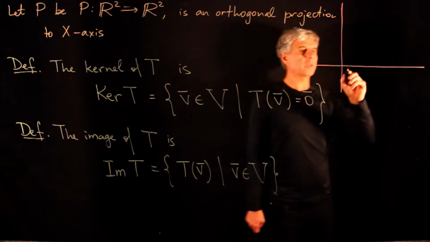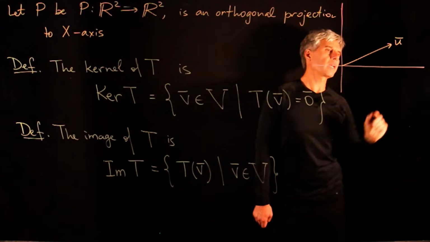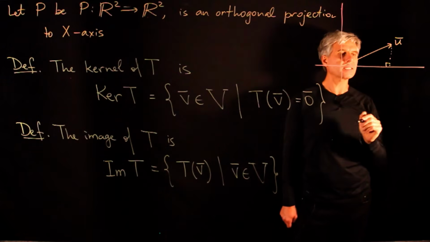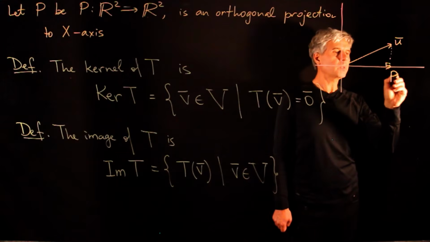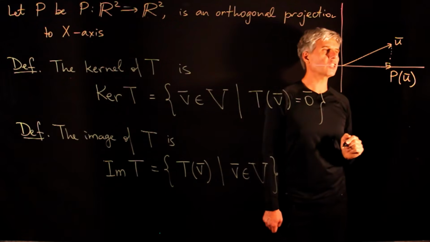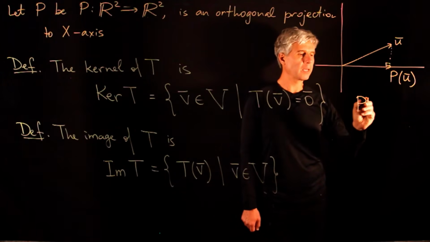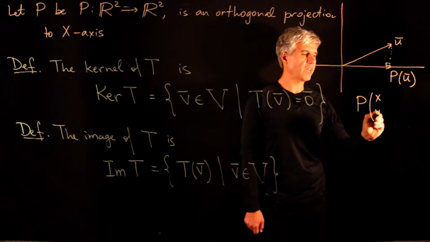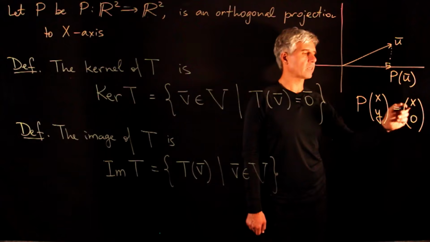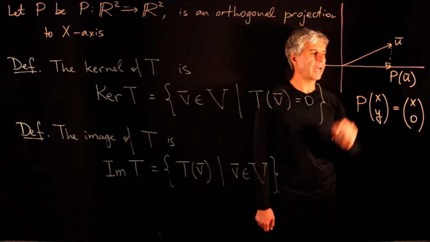So this means the following: if we have any vector u, then what we do is we drop the perpendicular to the x-axis, and P of u is the vector on the x-axis, which is the projection of the vector u. Now, algebraically, this can also be written as P transforms the vector (x, y) to the vector (x, 0). Right? So the vector (x, 0) has 0 y coordinate, and so it's a vector on the x-axis.